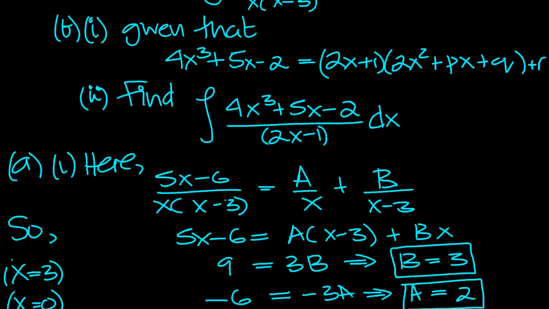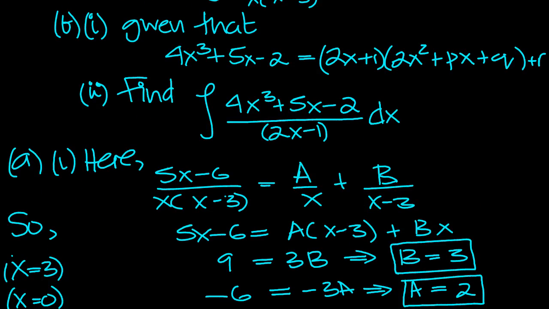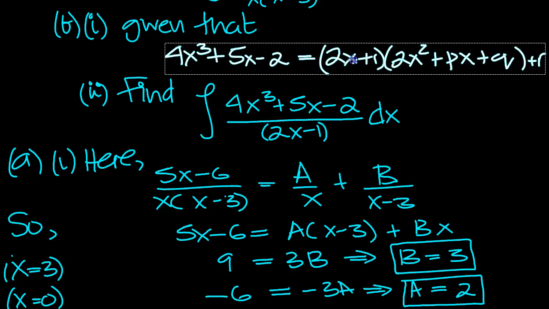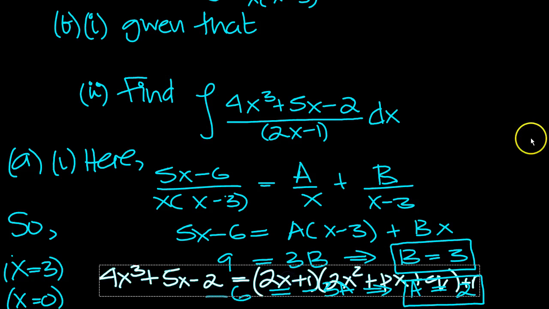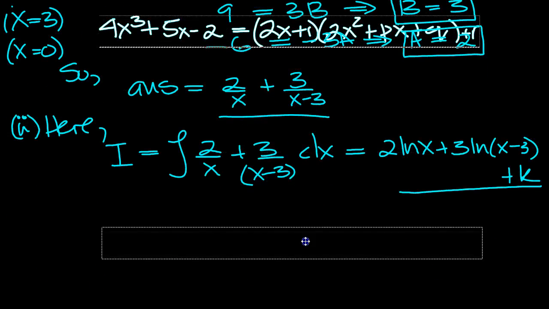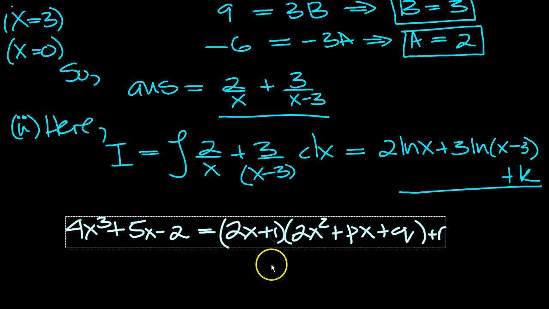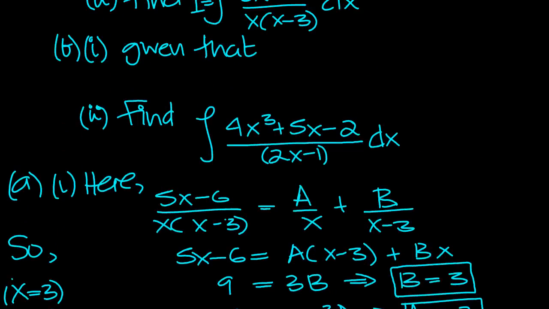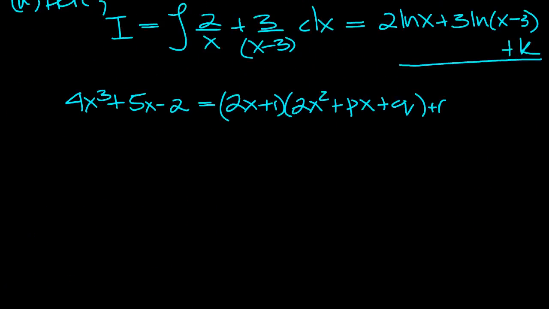Okay, given that that equals that then, I'm going to copy this now and take it down. So there it is in the question, and we need to find that integral. So we're going to need to find p, q and r first of all, which was part B, part 1.